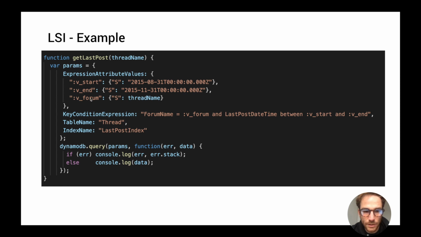The key condition expression will be: give me all the threads based on the forum name that I receive here as an input, and that have last post date time between start and end. Then I specify the table name and then I specify the index name. With these conditions, I will get all the posts for a specific forum name within the last 3 months.